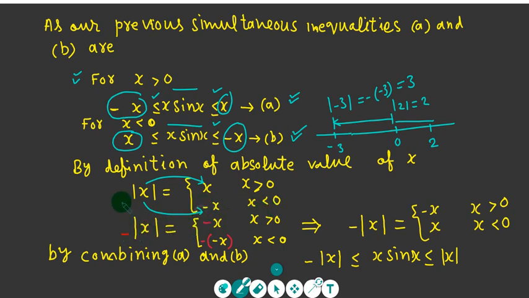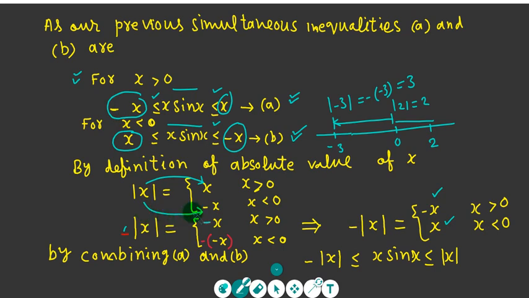If we multiply both sides by minus, this will also be multiplied by minus, and here is minus x and we multiply it with minus, so we get minus absolute value of x is equal to minus x and x. For positive values we get minus x and for negative values we get x.